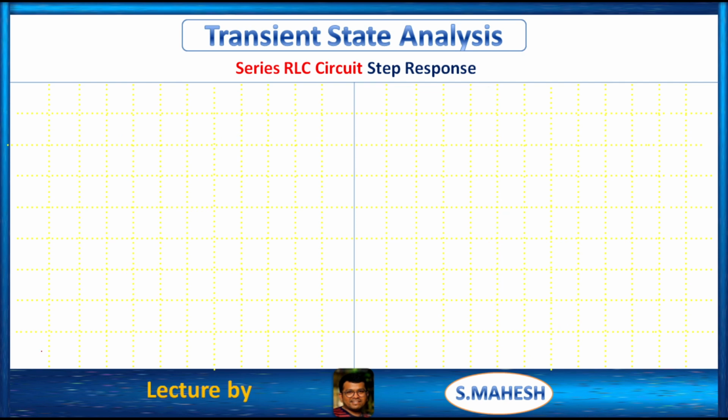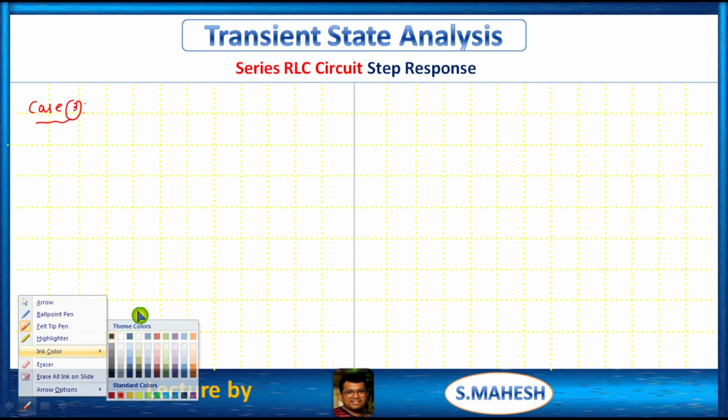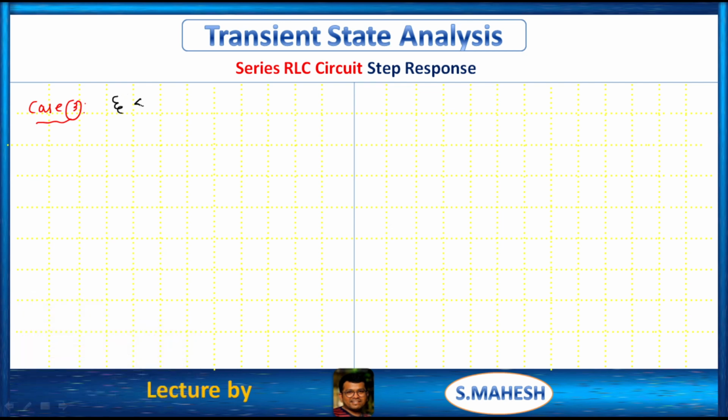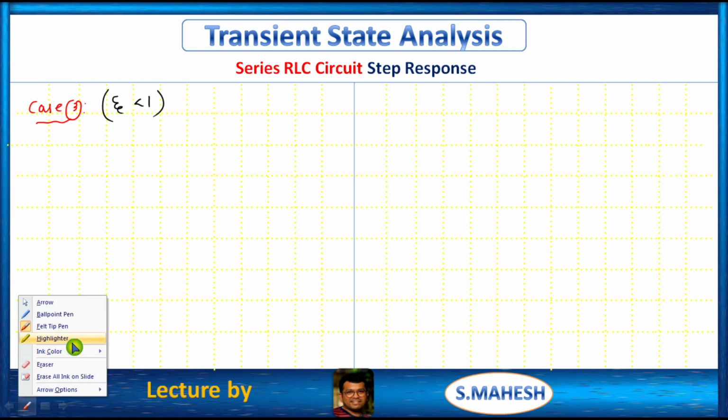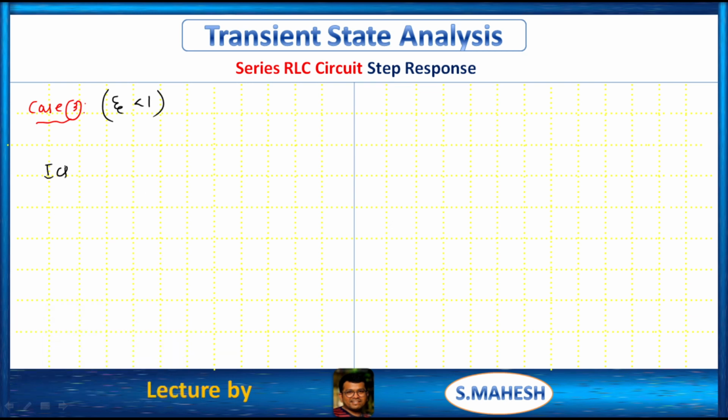Now we will discuss case 3. Zeta more than 1 is completed, zeta equal to 1 is completed. Now we have to discuss zeta less than 1. In this case, I of s should be equal to 1 by L by s plus a naught minus j b.